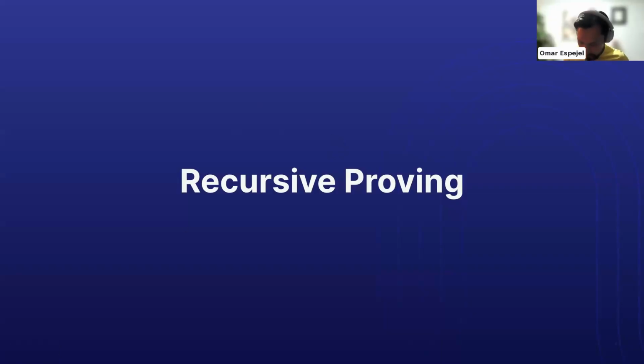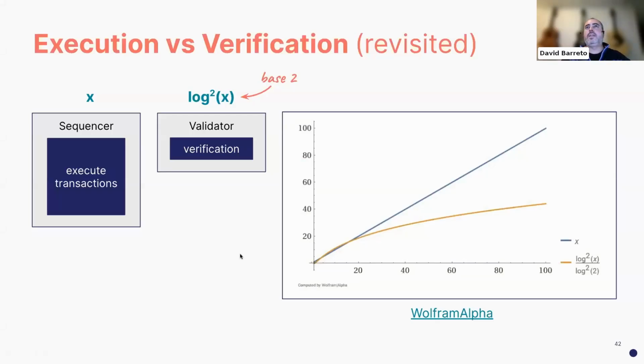All right. Let's talk about recursive proving. For me, one of the most interesting features of Starknet. This shows the difference in complexity between executing a transaction without doing anything, no proving, nothing, just executing a transaction, versus the effort of validating the integrity of that transaction using a Starknet validity proof, right?